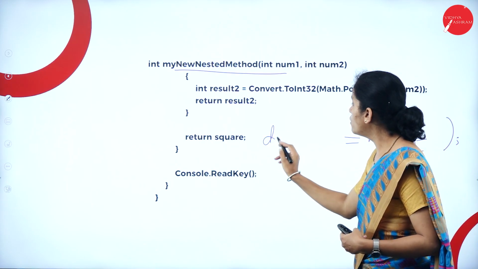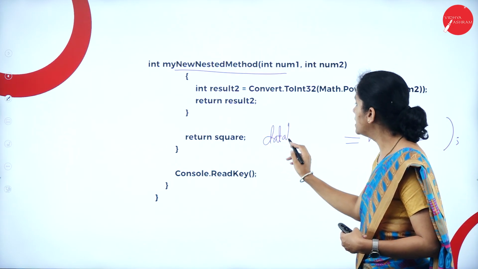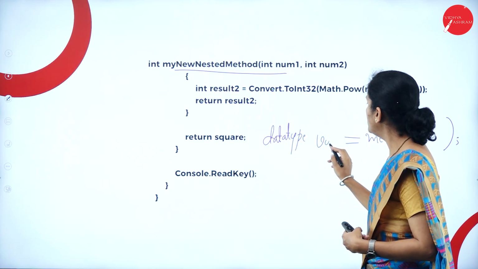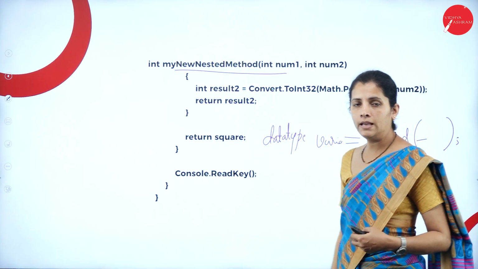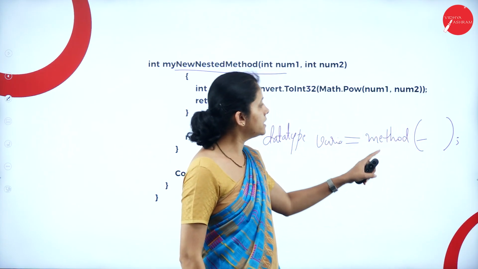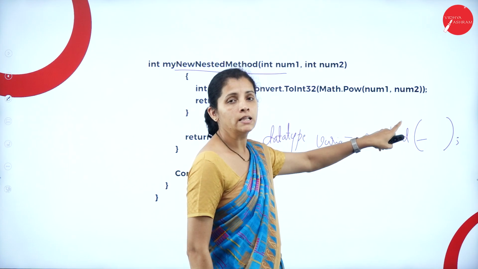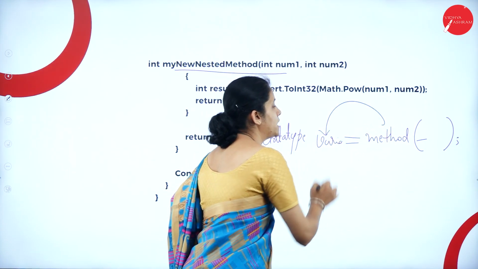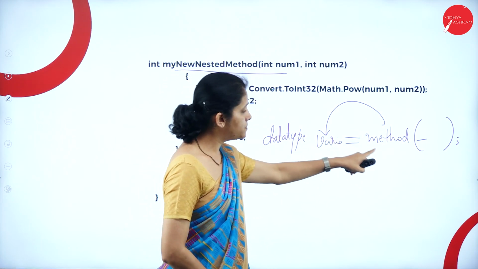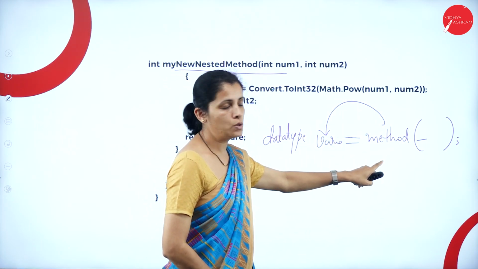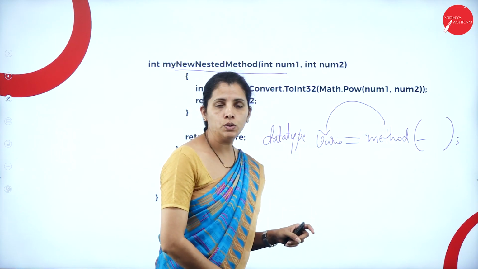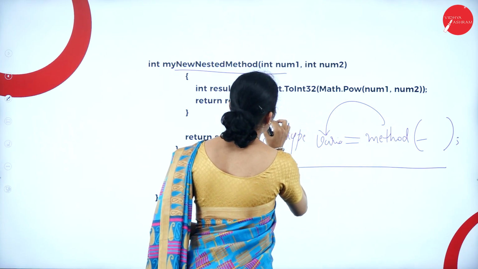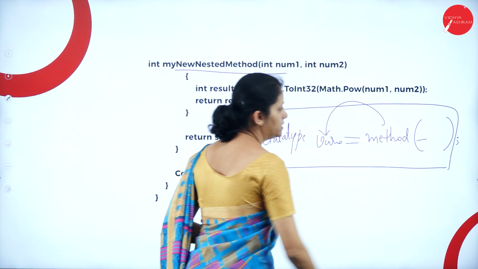So, I want to specify the data type and variable name. That means if this method returns any value, it can be assigned to this variable. This is the way you can call the method.